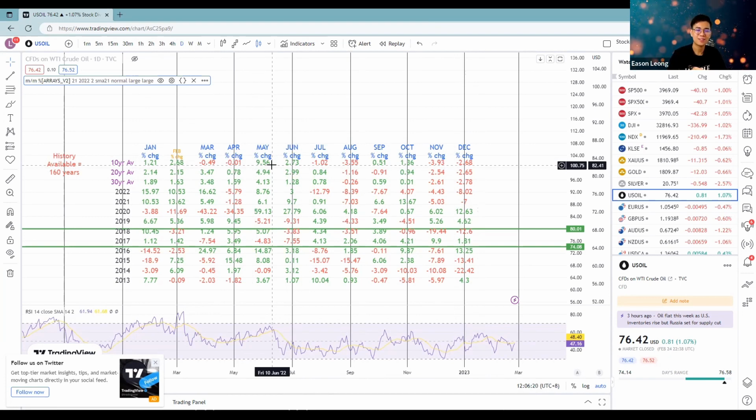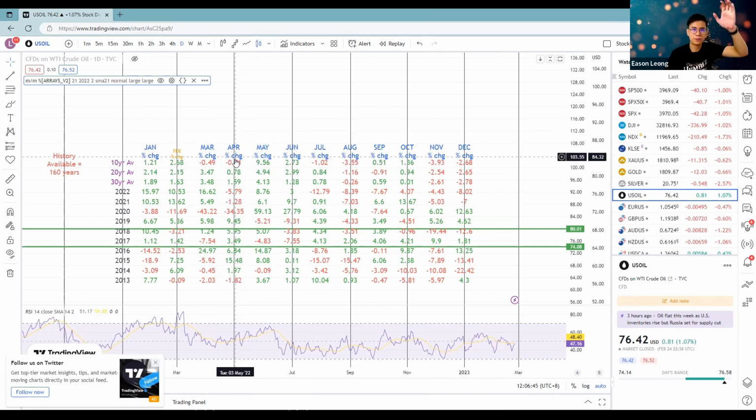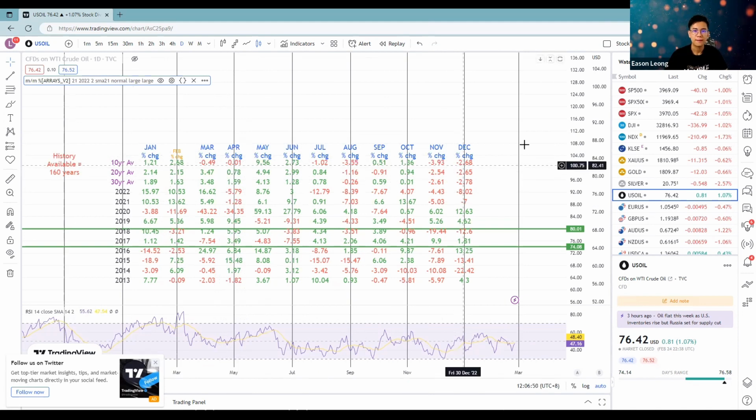So definitely if you want to trade in May, you just focus on oil. Afterward you focus on another market. Just keep switching to the market that shows you the clearest seasonal analysis for that particular month. If it's a very low value among all, like this one, 0.01, it's very hard to trade that type of month, because it could be up, it could be down, 50-50, very unknown.